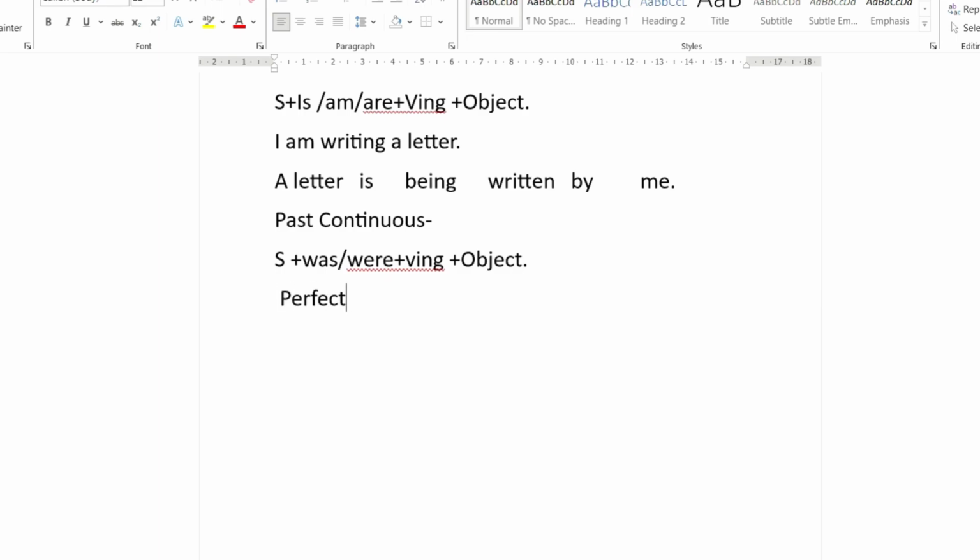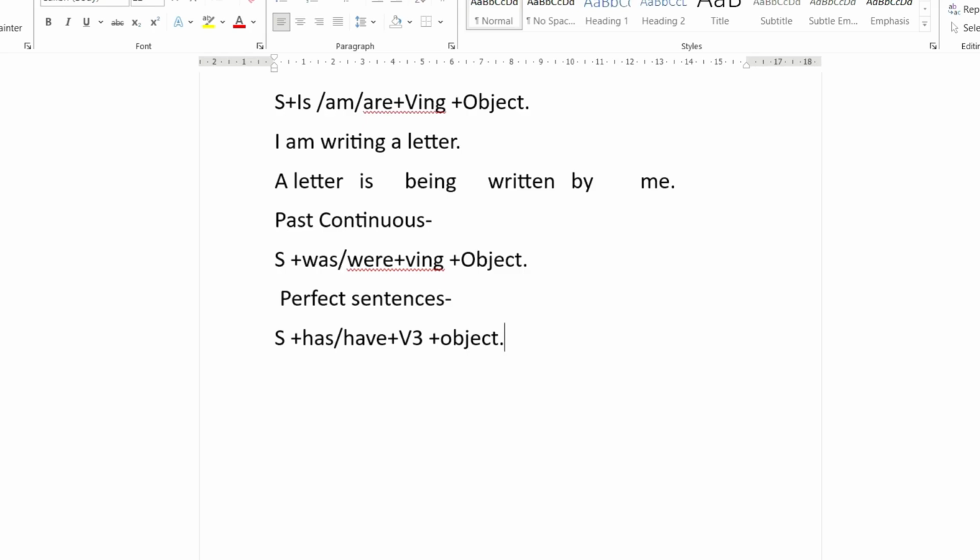Next, let's take up perfect sentences: present perfect, past perfect, future perfect. Now, what is the sentence formation in present perfect? It is subject plus has, have, plus V3 plus object. As I always say, to convert these sentences into passive, there is a little discount of 25%.